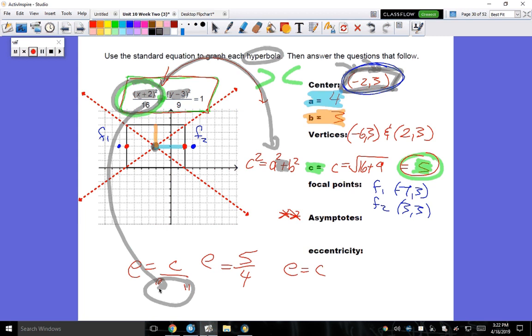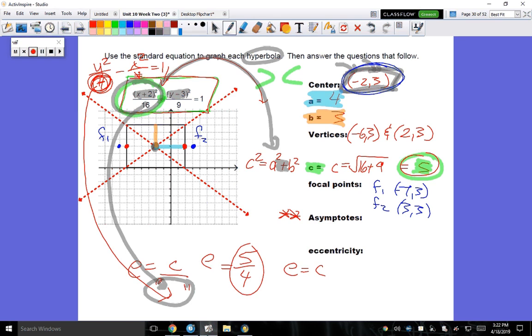So if it was y squared over something minus x squared over something equals 1, the number under y would be the one we put there, which in that case would be C over B. And 5 over 4 is bigger than 1, which we talked about earlier. If it's bigger than 1, it's going to be a hyperbola. That's why I try to help you out with size matters and order matters.